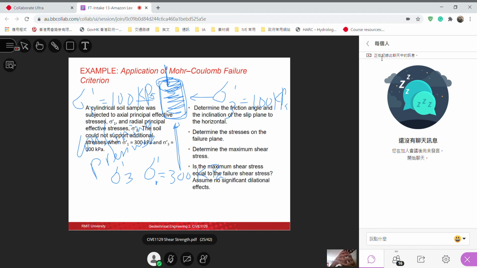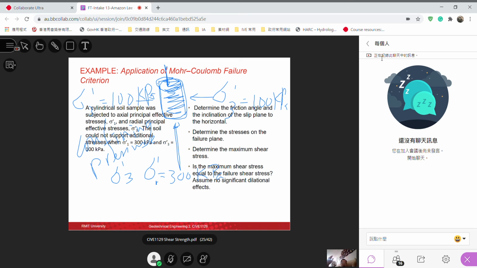But on top, in the vertical direction, we apply more. Originally it has the water pressure, and water pressure is hydrostatic everywhere, right? Horizontal, vertical. So when we apply the hydrostatic pressure of 100 kPa, we are already in the vertical direction at 100 kPa. But on top of it, we add another 200 kPa, making the major principal vertical stress 100 plus 200, which is 300 kPa altogether of vertical effective stress applied on the soil.